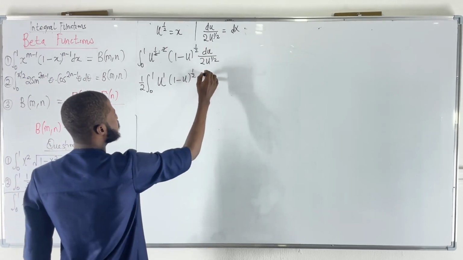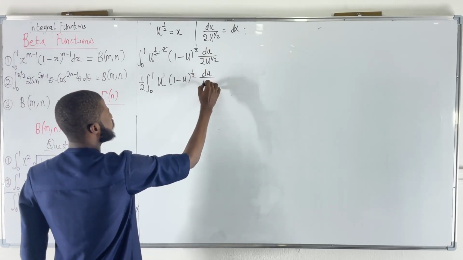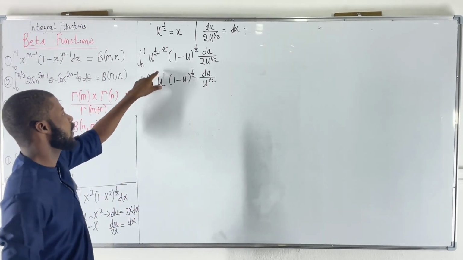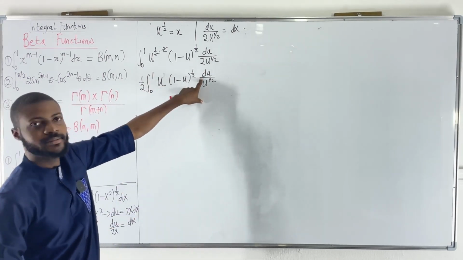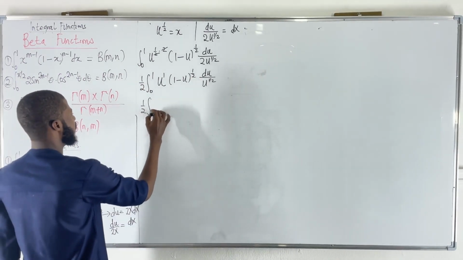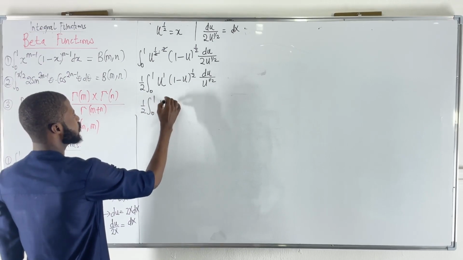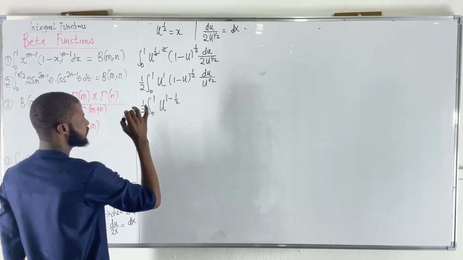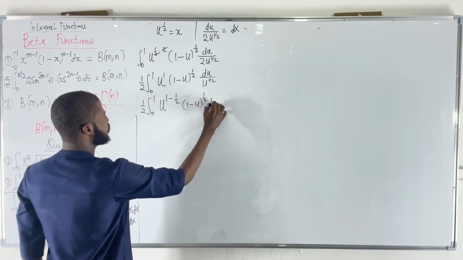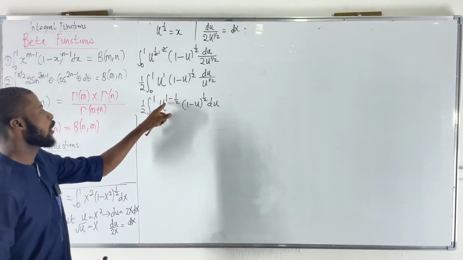Now this is du divided by u to the power of half. Now if this is u to the power of half and this is u to the power of 1, if you are dividing, you need to subtract the powers. So this is half integral from 0 to 1, u to the power of 1 minus half, 1 minus u to the half, du. Now what is 1 minus half?